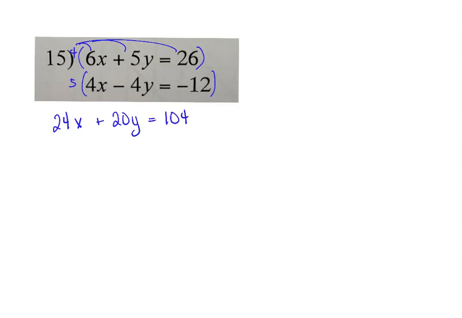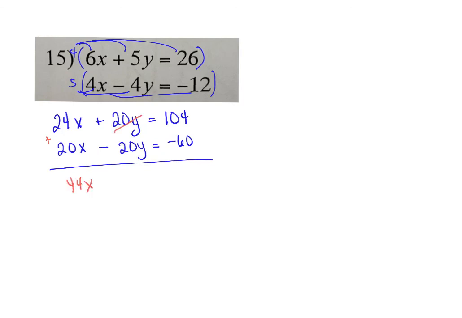All right. And then if I distribute my 5 through to all of these, I'm going to get 20x minus 20y equals negative 60. All right. And when I add those, I will get 44x. My y's will cancel. And 104 minus 60 is 44.